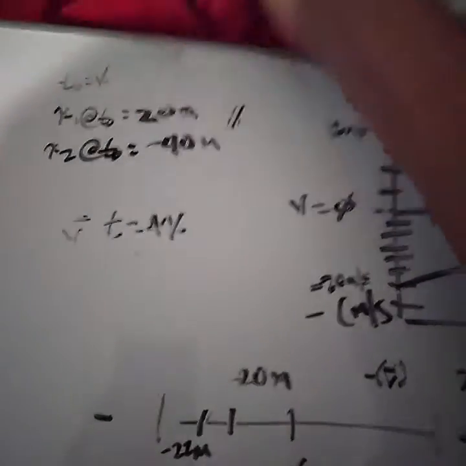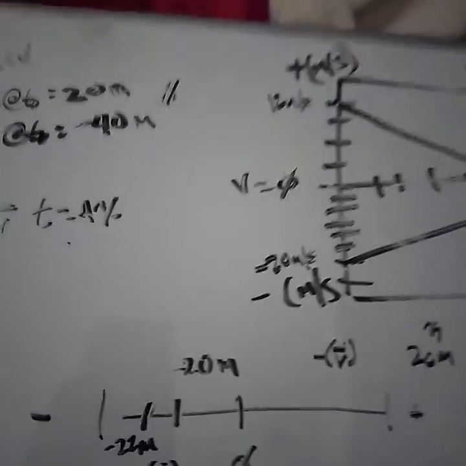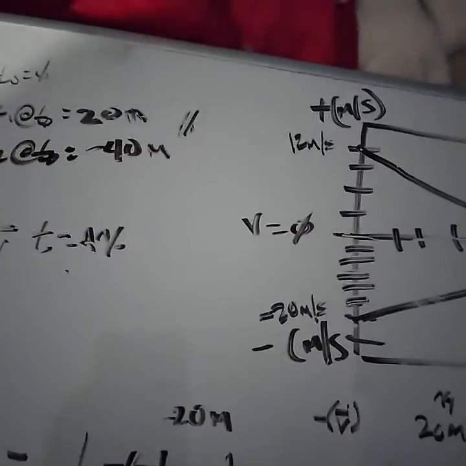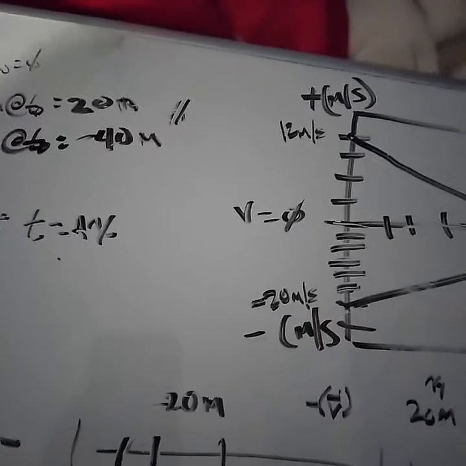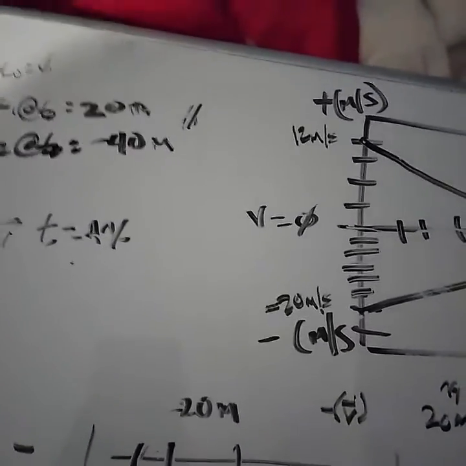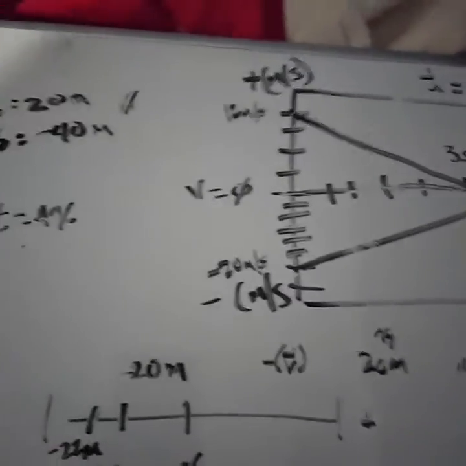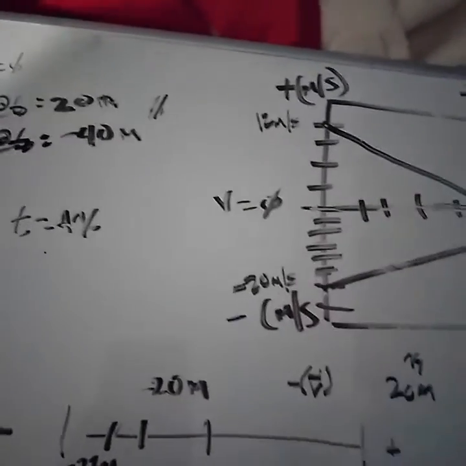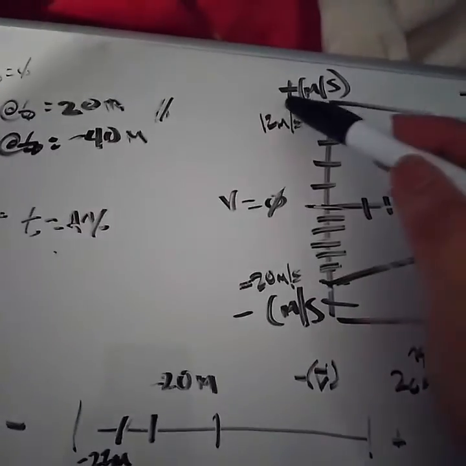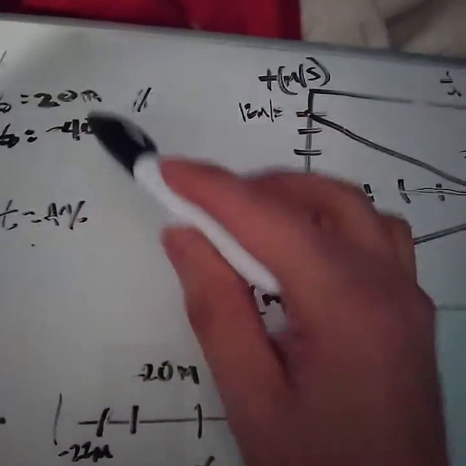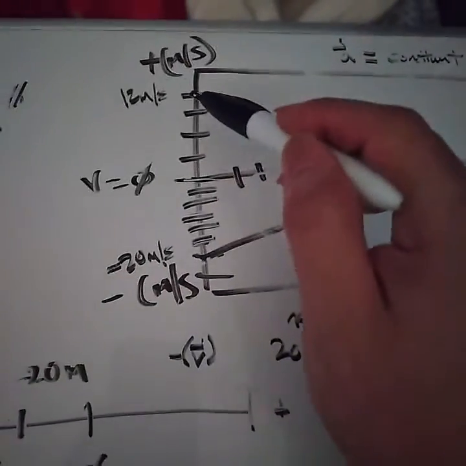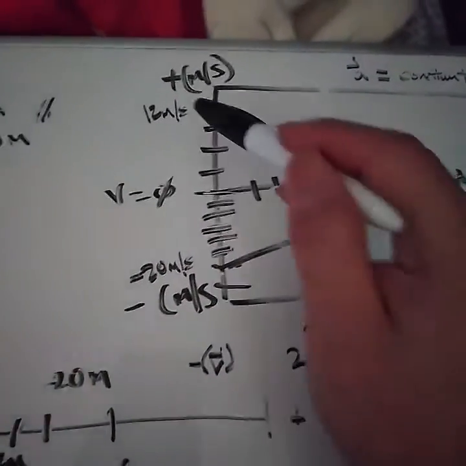Just keep in mind what the question tells you: your starting position, are they heading towards each other, are they going away from each other, is one going towards the other? Make sure you know what their velocities have to be, because it's very easy to put the positive velocity with the positive starting position, or to think this is a negative velocity when it's not.